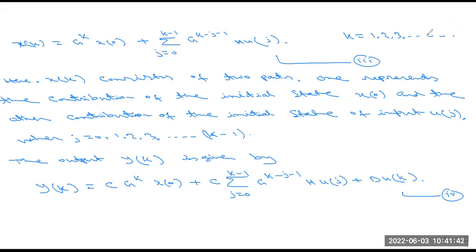Is it clear to all of you? So please remember these two equations. This is the output equation and this is the input equation. So these are the linear time invariant discrete time state equations. Is it okay for all of you?